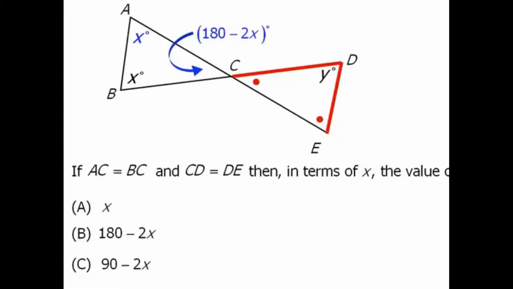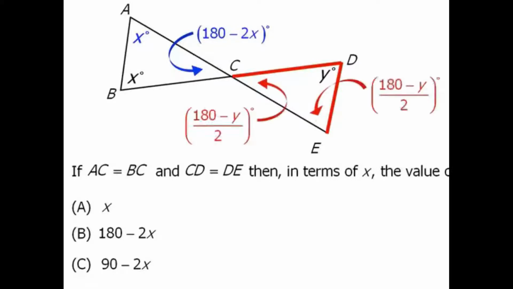Now since all three angles must add to 180 degrees, our two bottom angles here must add to 180 minus y degrees. Now since these two angles are equal, we know that each angle must be (180 minus y) divided by 2 degrees. Finally, notice that this angle and this angle are angles opposite each other in an intersection.